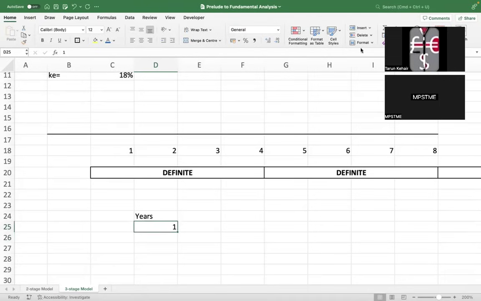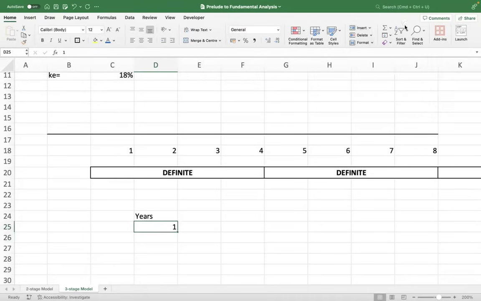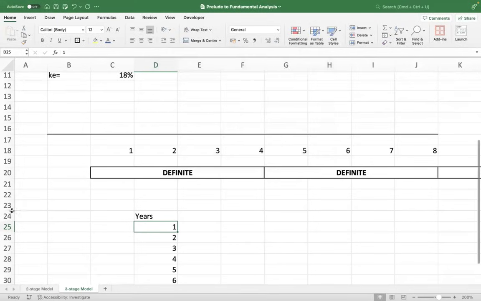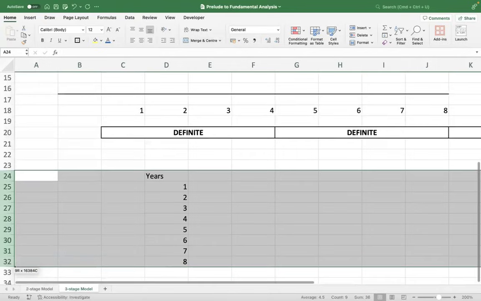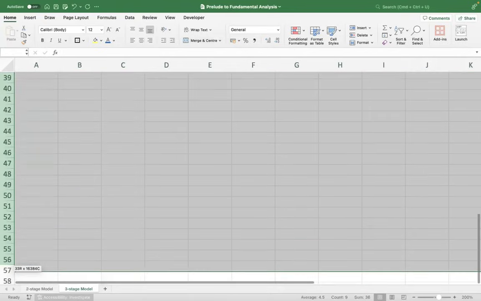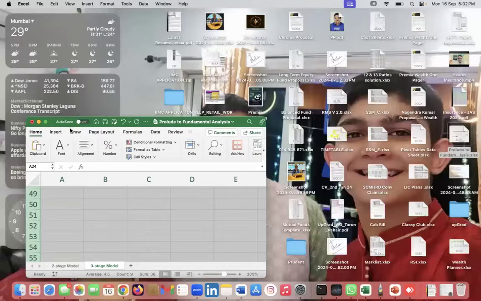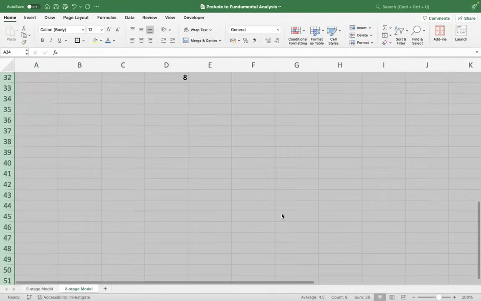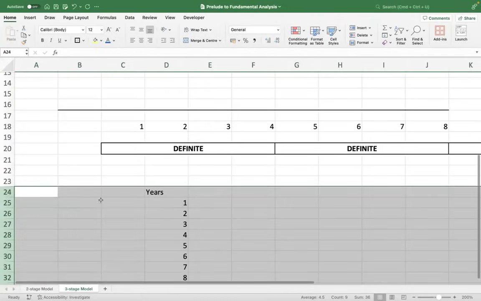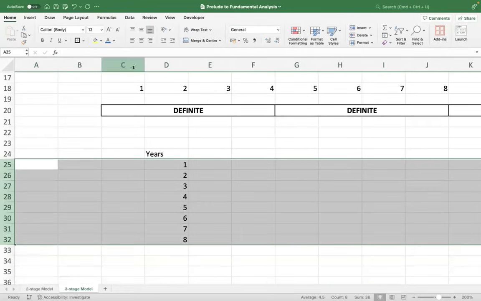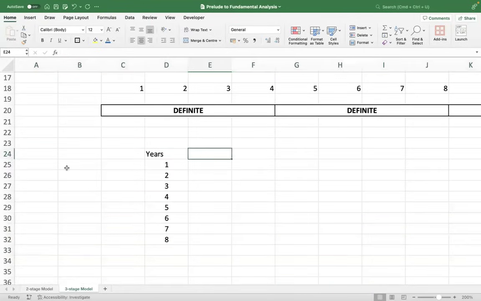You have 1 to 8. And always put down your cash flows.